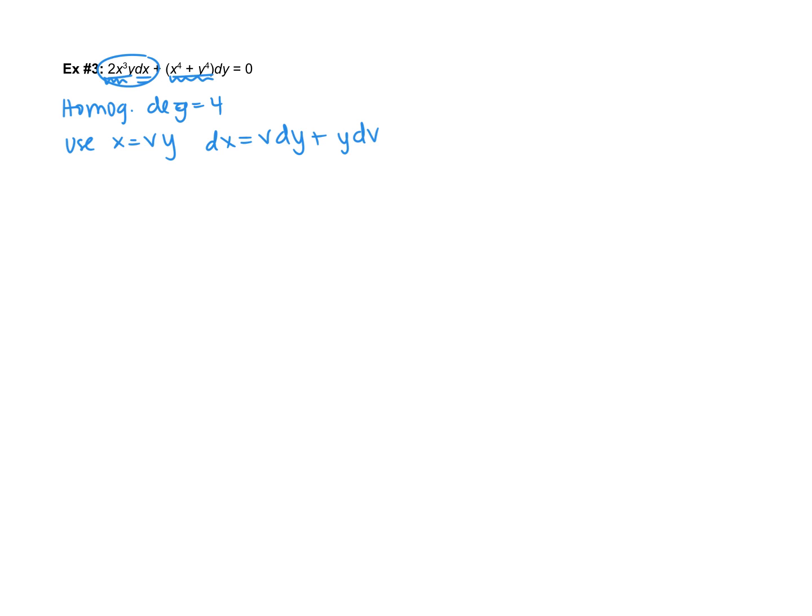Okay, so hopefully you tried that one on your own and you didn't just keep watching. So let's see how we did. We end up with 2(vy)³y, and then dx is v dy + y dv. We're adding (vy)⁴ + y⁴, all of that dy is equal to 0.